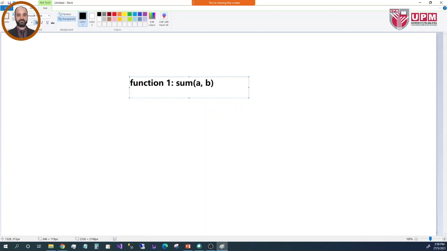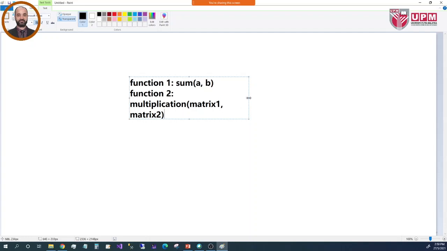Then function 2, which is multiplication of matrix 1 and matrix 2, for example.